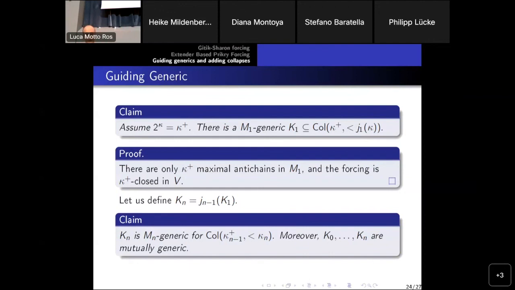We apply the next ultrapower embedding, getting K3 over M3. And now it's really easy to verify that this sequence of generics is actually mutually generic.